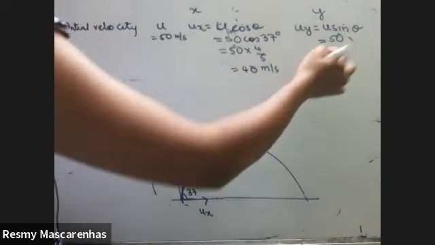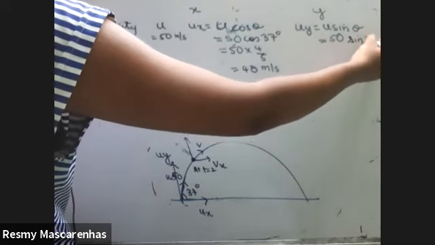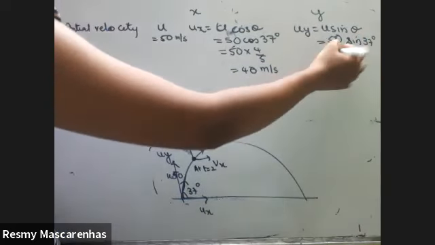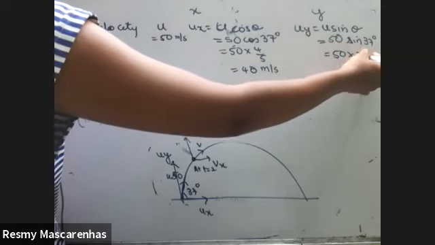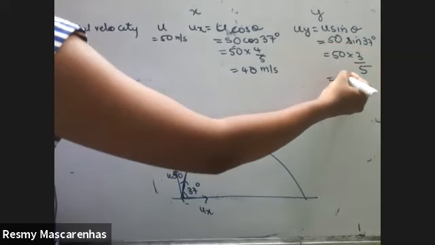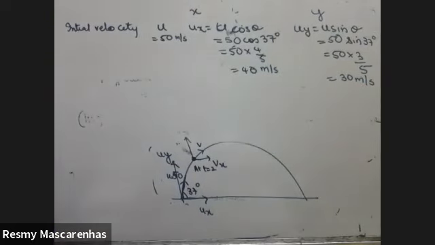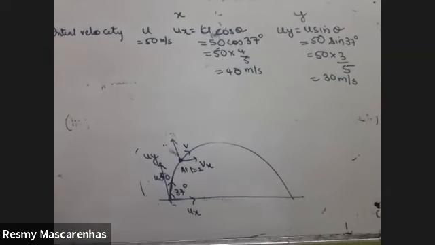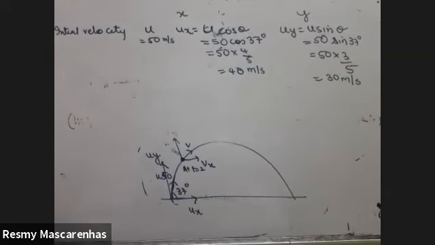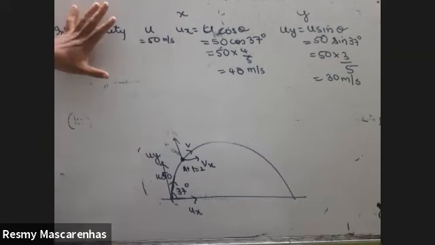Sin theta, check in the diagram, is sin 37, which is opposite upon hypotenuse. So sin 37 value is 3 by 5. So this is 30 meters per second. So the vertical component is 30 meters per second, and we are done with u.